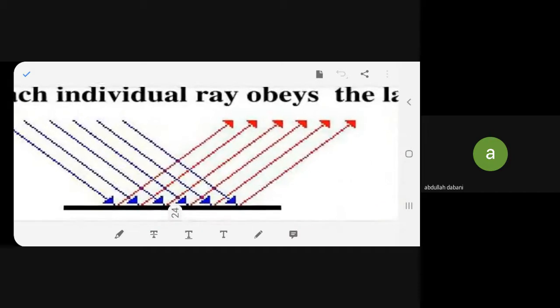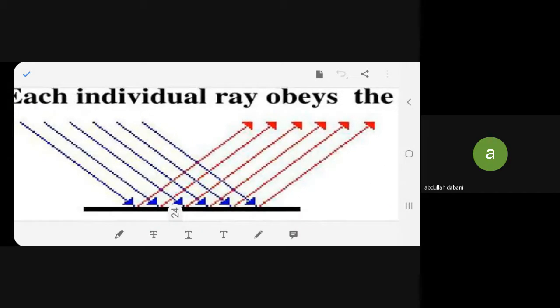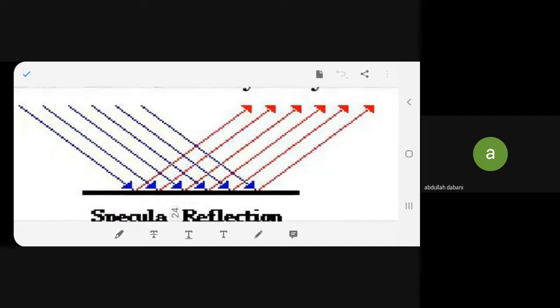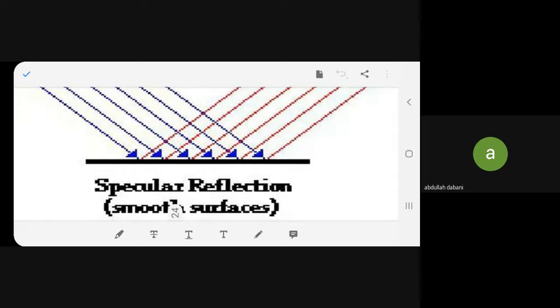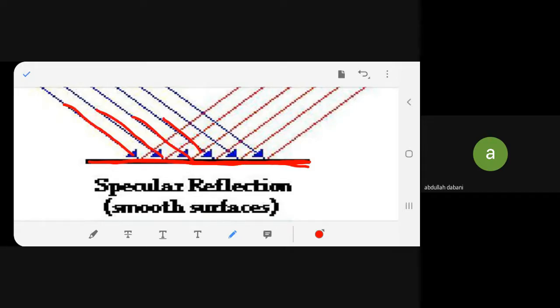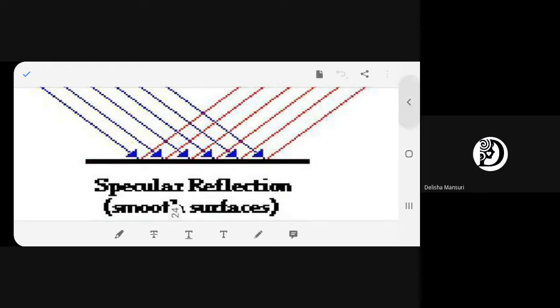Look over here, all of you. What do you see over here, beta? What is written down? Specular reflection, smooth surfaces. So you can see the line over here, the smooth surface. What lines are coming? The blue lines, parallel lines. These are all incident rays.